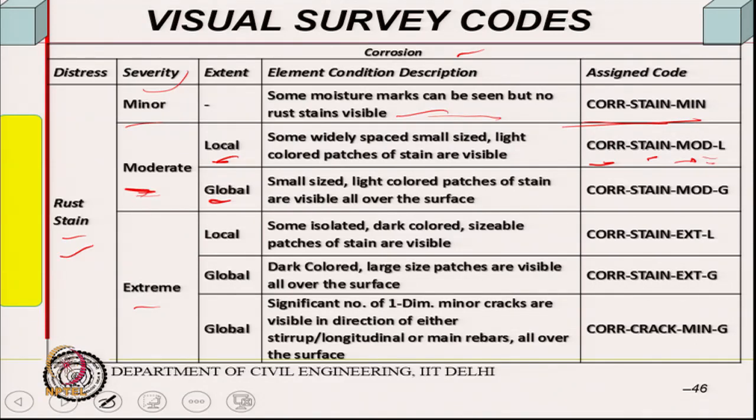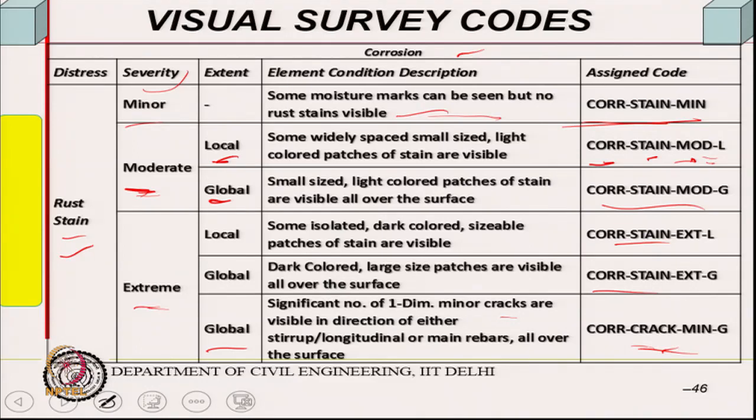So, you can codify this and record it in your visual survey record simply, with a photograph maybe, and that is good. Similarly, you can do it for the extensive, extreme, global situation where there is a large area and you find a lot of significant one dimensional minor cracks visible in the direction of either stirrup or longitudinal main bars, because they are parallel to the bars, all over the surface.